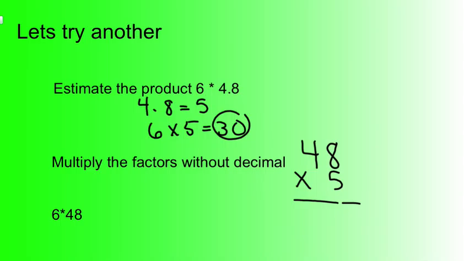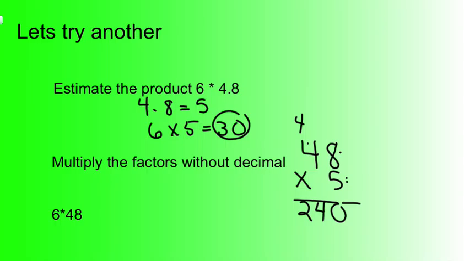So I start over in the right column and I go 5 times 8 is 40. I put my 0 down and I carry my 4. And then I go 5 times 4 is 20 plus 4 more is 24. And I get an answer of 240.